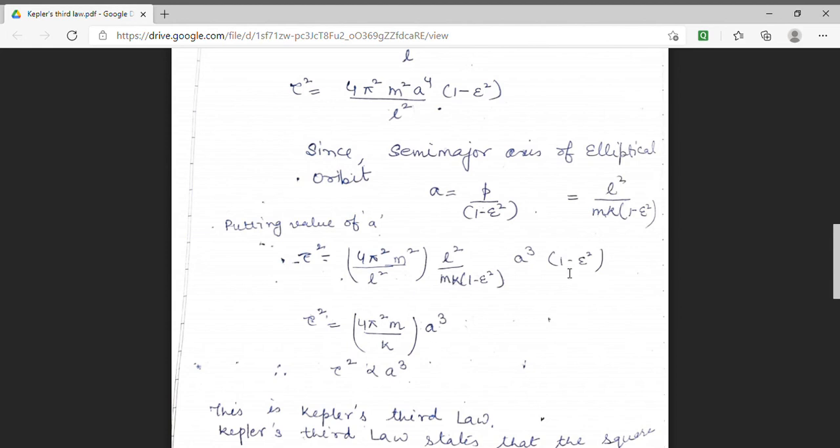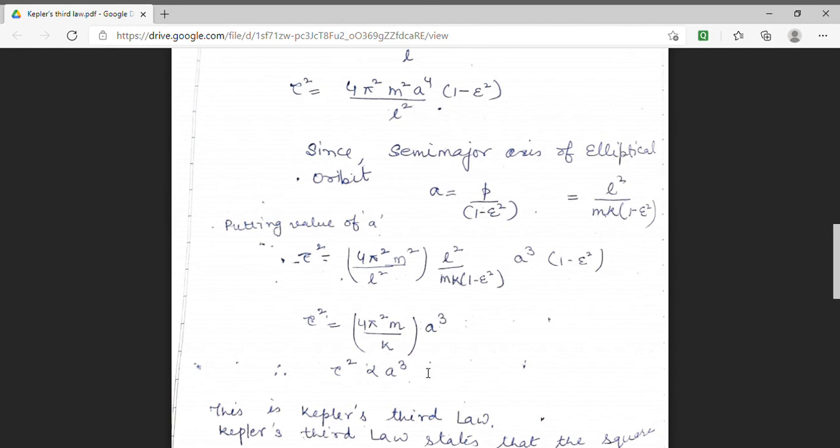A is the semi-major axis, and we can see that the period of elliptical motion is independent of the minor axis, which we denote as B. So we are able to derive all three Kepler laws of motion.